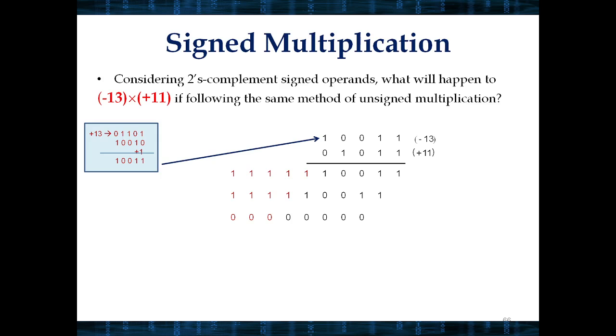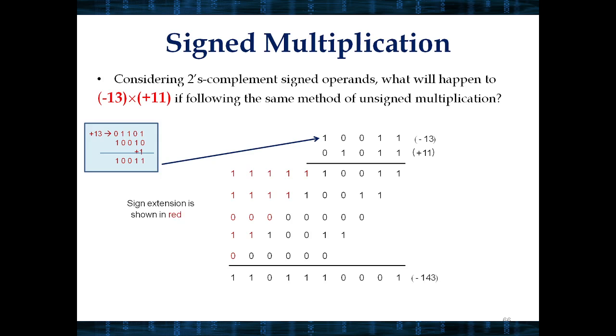Here, for each partial product we need to leave one space. Then next is 1, so the multiplicand value. Next, the last value is 0, so we will write all values as 0. Now we will add these.